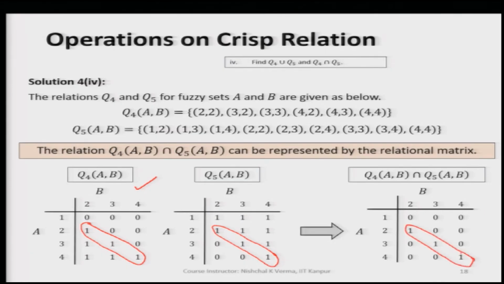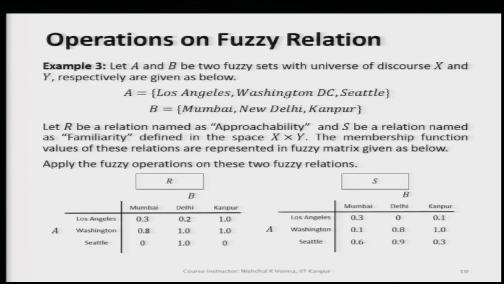So, this is how we get the crisp relation operations done, and similarly if we are interested in applying the operations on fuzzy relation sets, we can also do that. As we have already seen, we have a fuzzy relation set like this.